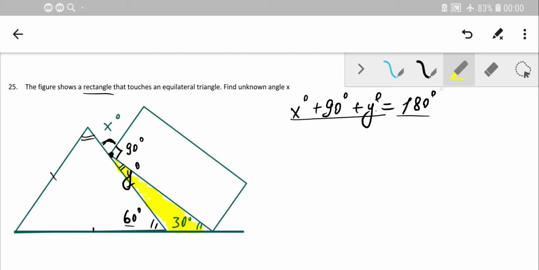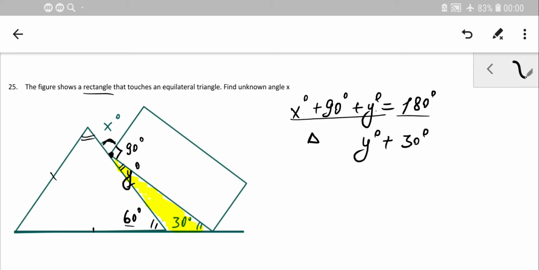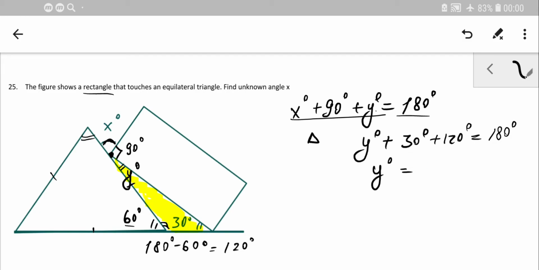From this yellow triangle, y plus the 30 degree angle plus the rest, which is obviously 180 minus 60, simply 120 degrees, will again form 180 degrees in total. So y is 180 minus 30 and 120, which is 150, so we get 30 degrees.